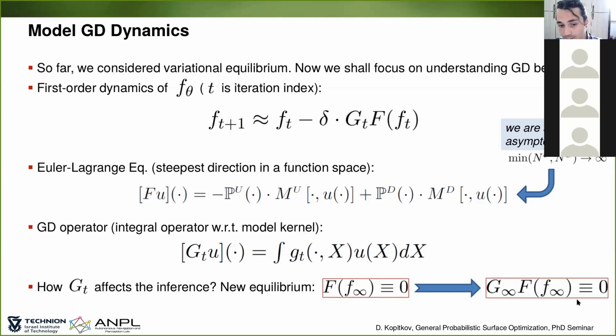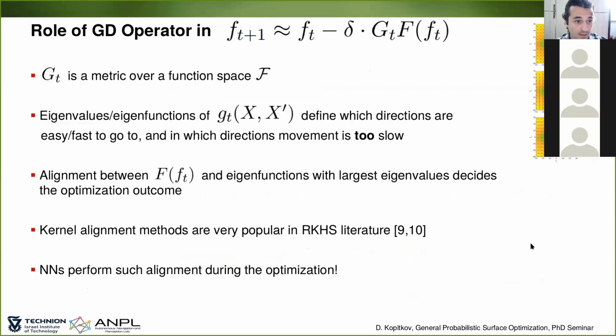But now we have this equilibrium here, so basically matrix vector product equal to 0. And this says that we basically allow our functional derivative to be in the null space of G infinity, which typically happens during optimization, and it produces the bias over our solution in most cases.